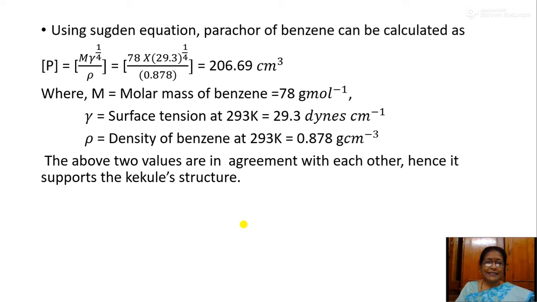Now the density rho is the density of the benzene at 293 Kelvin, which is equal to 0.878 gram per centimeter cube.